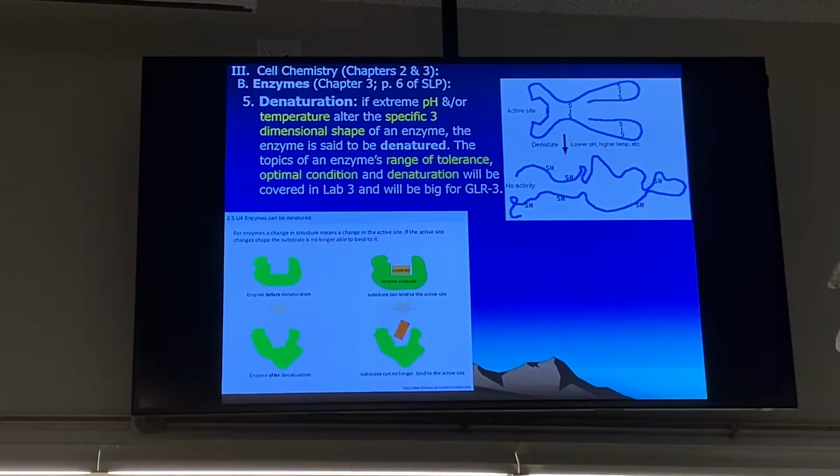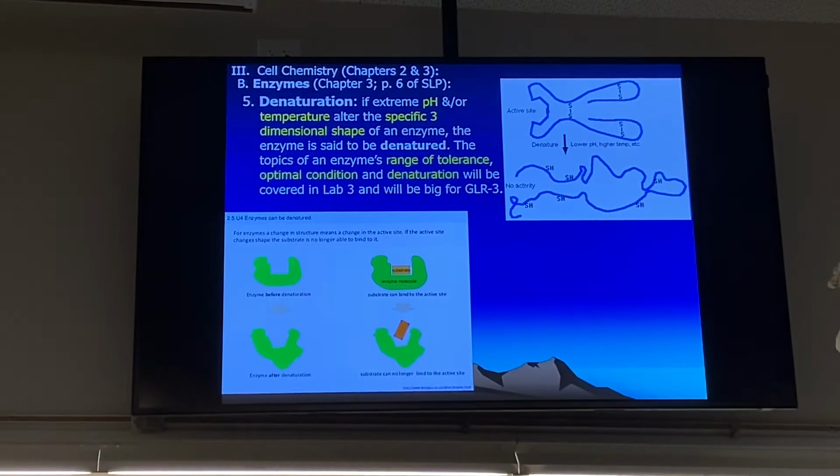Permanently. The best way to envision denaturation is cooking an egg. You're exposing the protein, most of it is albumin, to extreme temperatures. And then it goes from that snotty thing to something that's a little more solid, right?